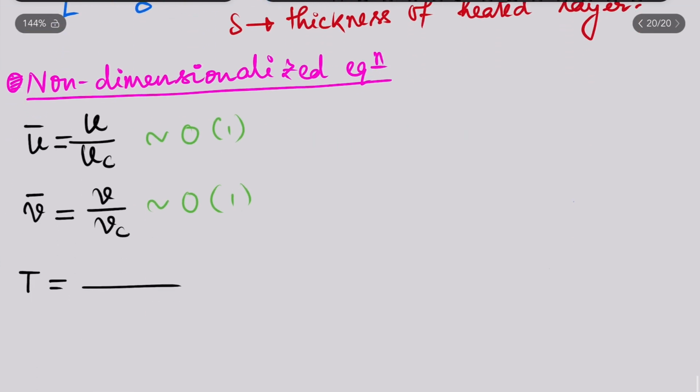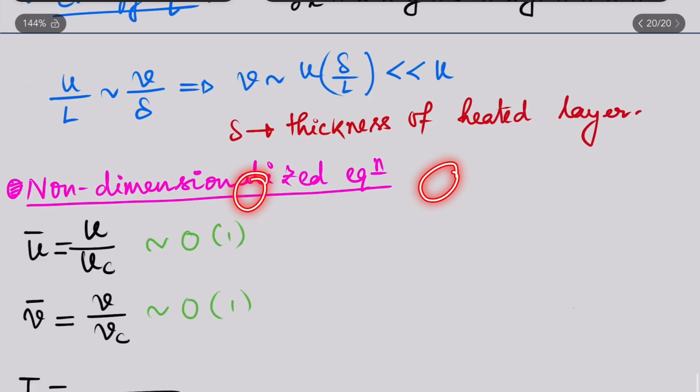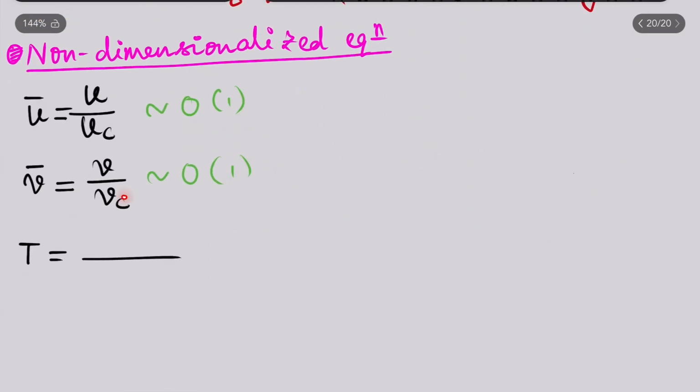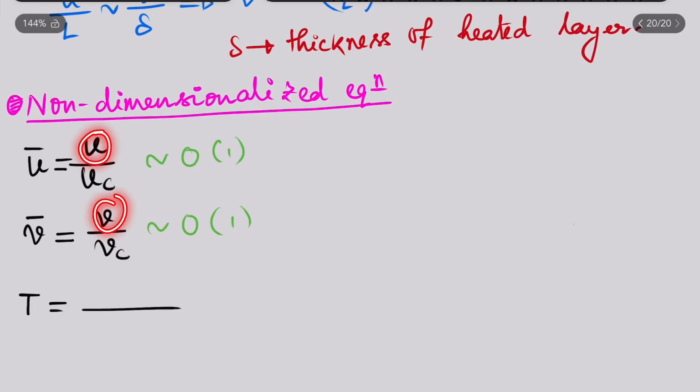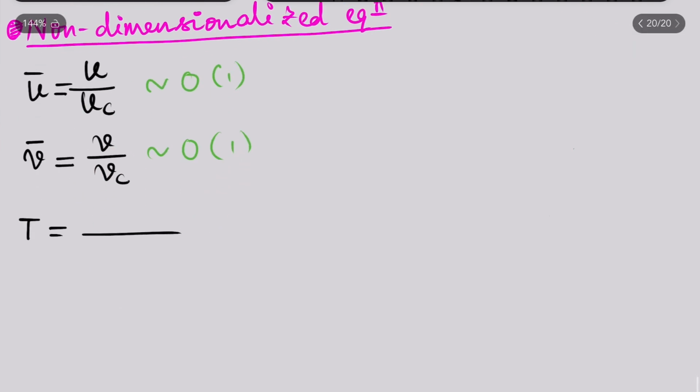So how can I choose my Uc and Vc from here? My U and V are not of the same order. So how should I choose my Uc and Vc so that this U by Uc and this V by Vc become of the same order? That is my challenge. Have you understood?